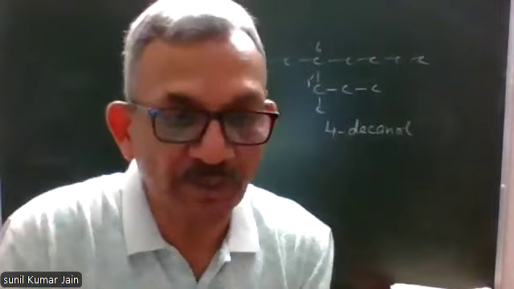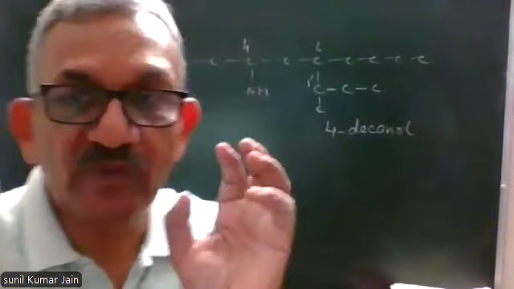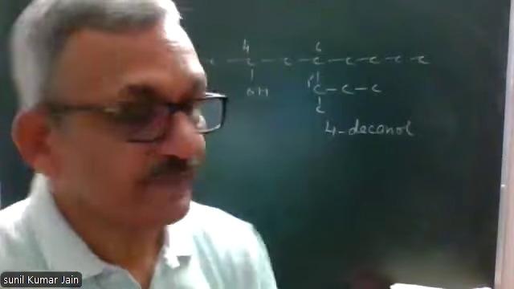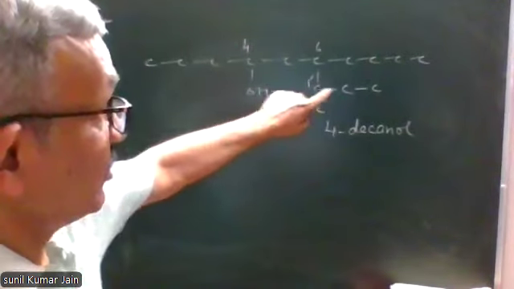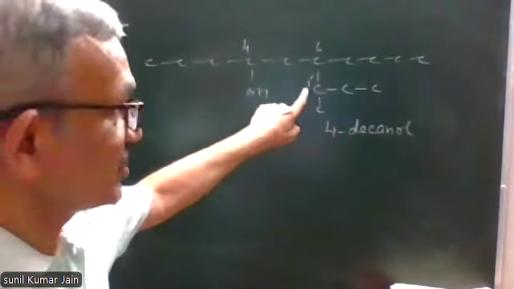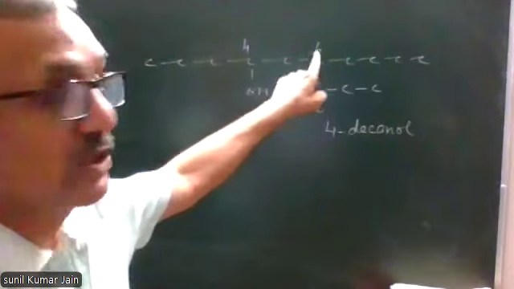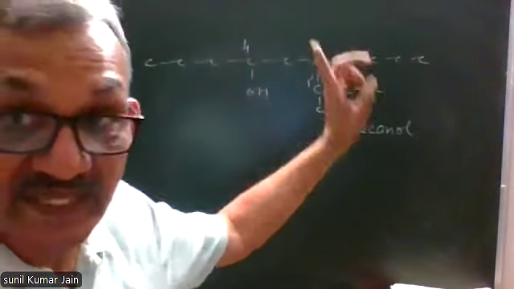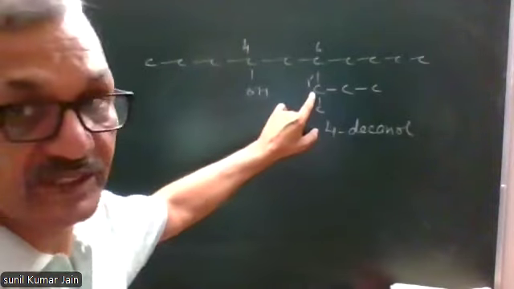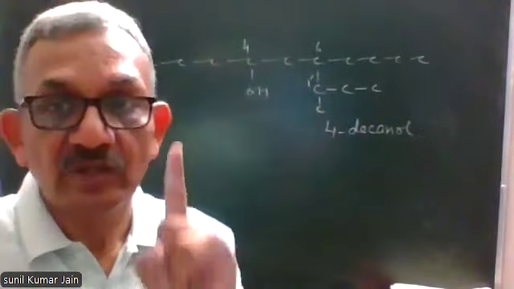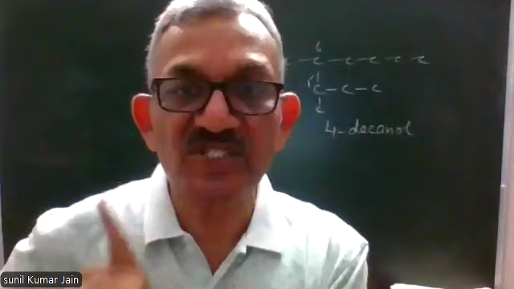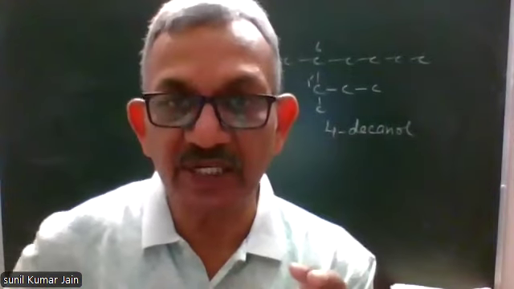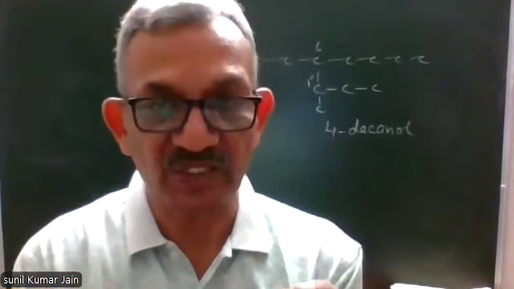Now I come to the proper rule. When we want to name a branched side chain, that carbon atom of the side chain which is directly bonded to the longest chain is numbered 1 dash, and the name of such a branched side chain is written within brackets.